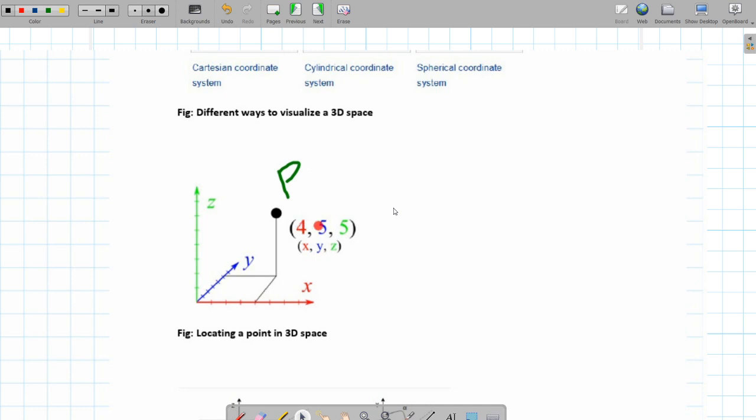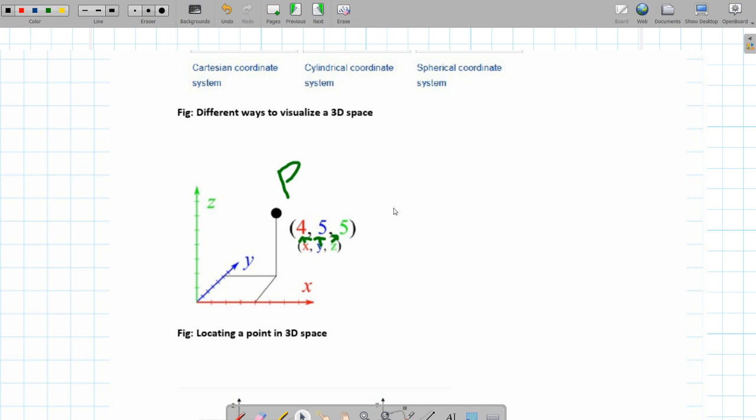That means x value of the point is 4, y value for the point P is 5, and z value for the point is 5, and the geometric significance goes like the distance of the point from the x coordinate is 4.